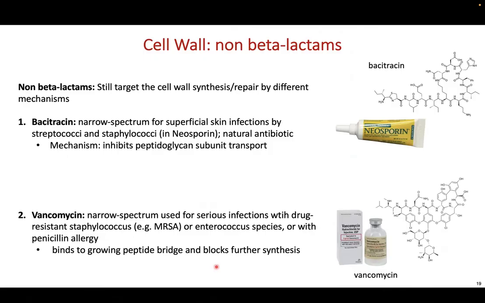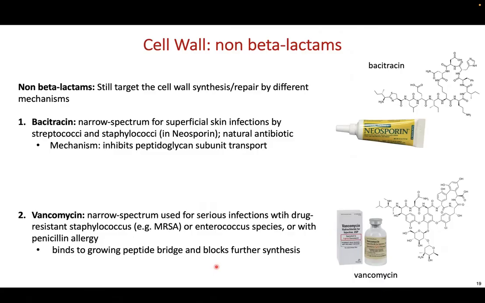These are just narrow spectrum, for superficial skin infections by streptococci or Staphylococcus, and their mechanism is to inhibit the peptidoglycan subunit transport. So this time around, they are not inhibiting the peptidoglycan cross-linking itself. They are just inhibiting the subunit transport.